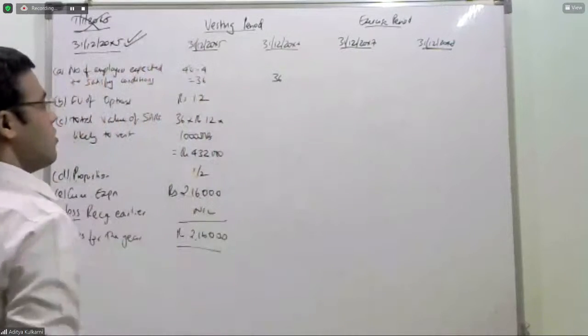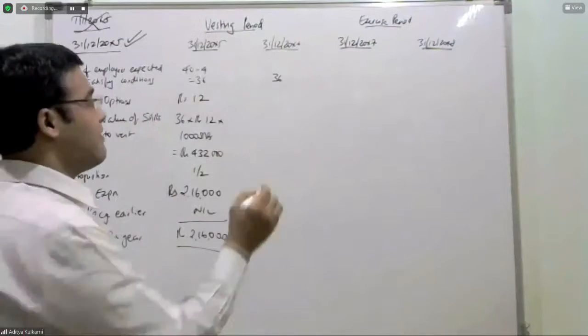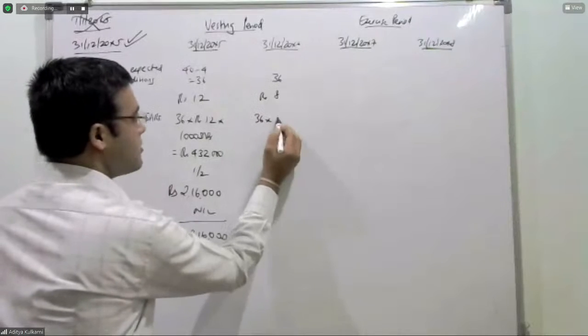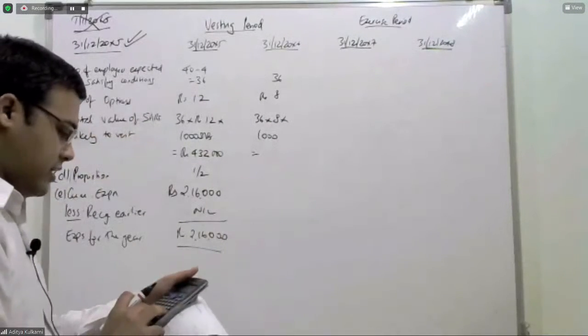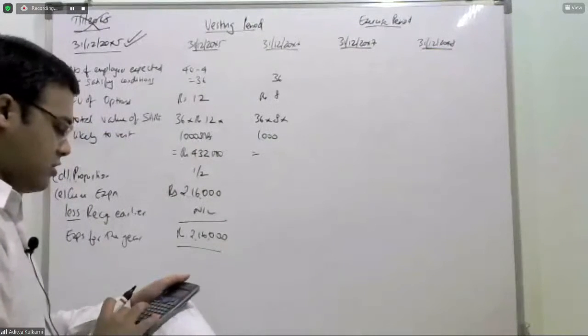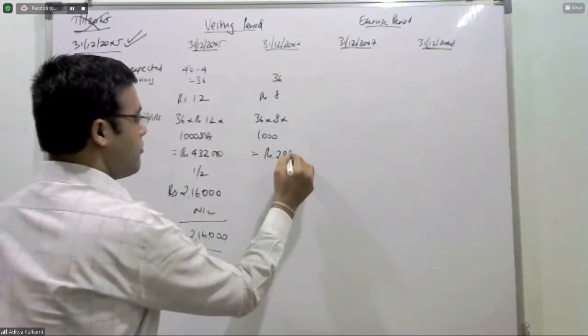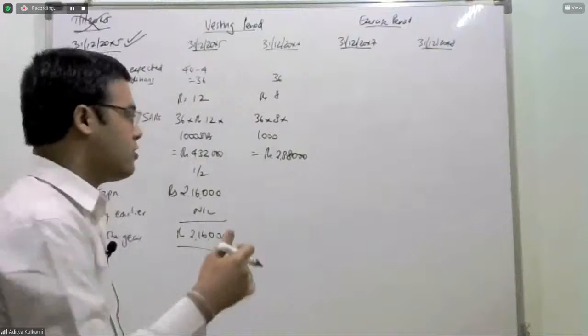The second year, what is going to happen? I will have to do a revaluation again. What is the value of the option? 8. So 36 into 8 into 1000. That gives you a liability of 2,88,000. And what is the proportion?